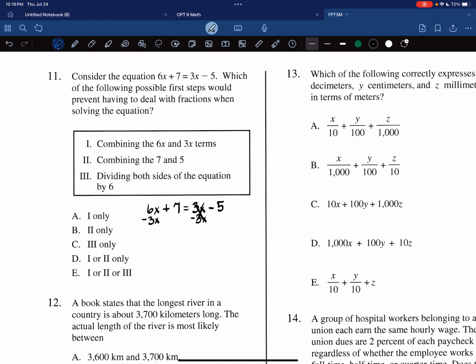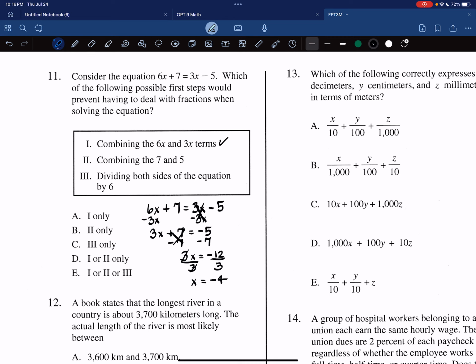That avoids negative numbers usually. So that leaves me with 3x plus 7 equals negative 5. And then I would finish the problem so that I would get 3x equals negative 12, divide by 3, and x is negative 4. So that one is definitely a choice.